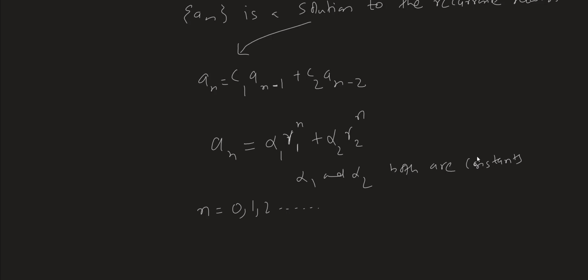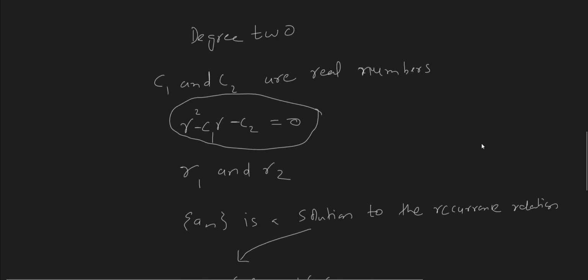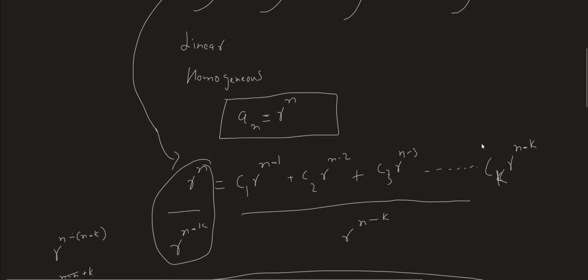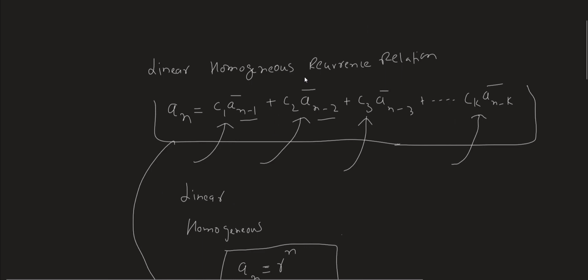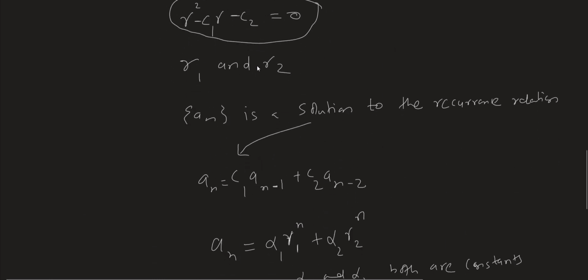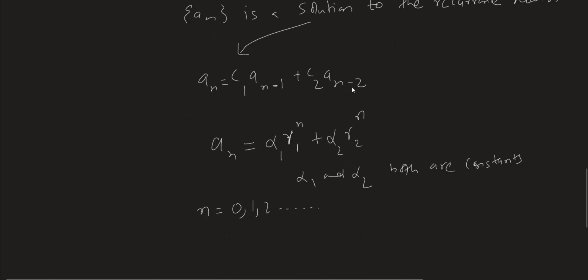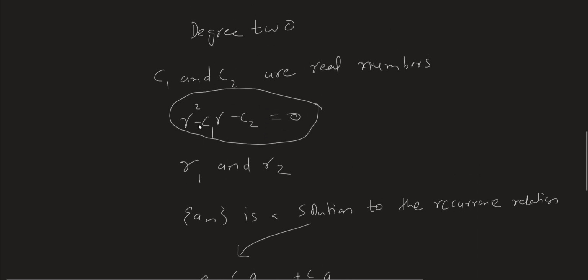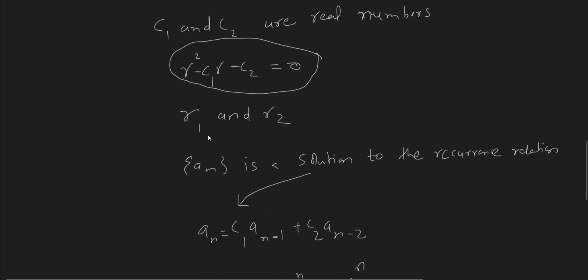More of this will become clear with some examples. So this was a general representation of a linear homogeneous recurrence relation, where the degree is k because we have taken k steps backward. In this case the degree was 2, so two steps were taken backwards, n minus 2, and this was its characteristic equation which had roots r1 and r2.